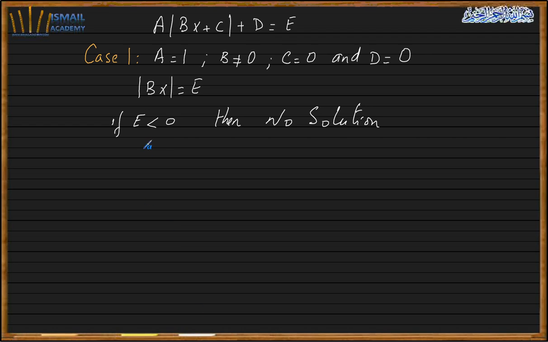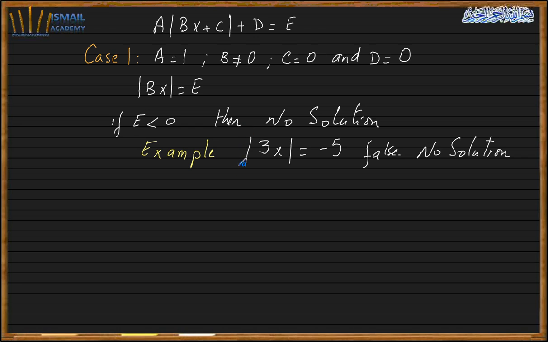For example, if they ask me to solve absolute value of 3x equal minus 5, absolute value is always positive, minus 5 is negative. Positive can never be equal to negative. This is a false statement, so no solution is your conclusion.